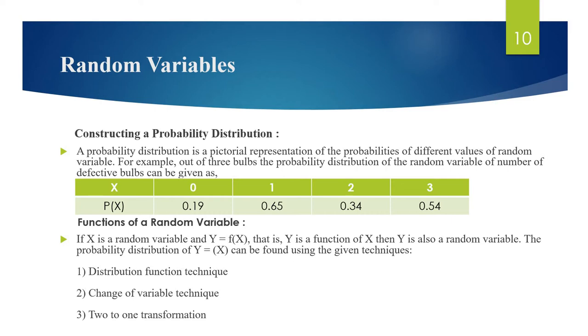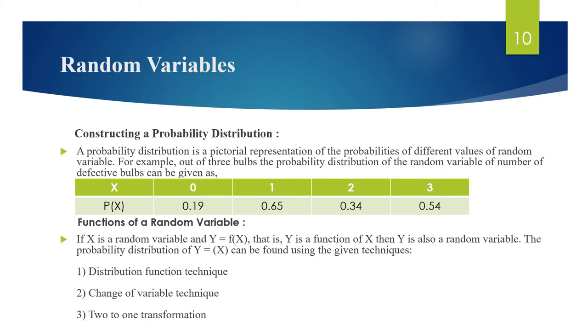Here you can see how we construct a probability distribution, where the probability for different values of random variable x has already been given. In general, to construct a probability distribution for random variable x, the probability for different values of x should be calculated and written in a tabular format or in a chart.